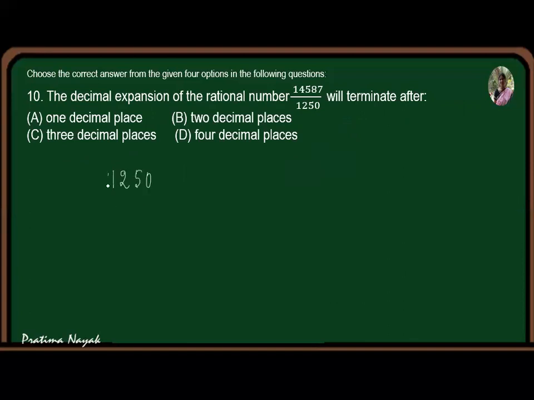If you factorize 1250 to 625, then 5, 125, 5, 25, 5, 5. So how many fives are there? 4 fives are there.